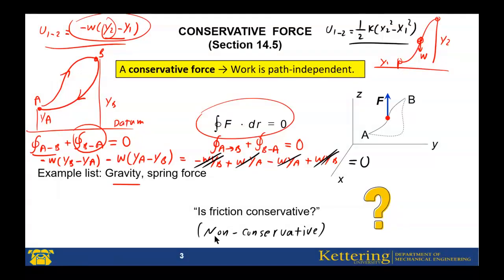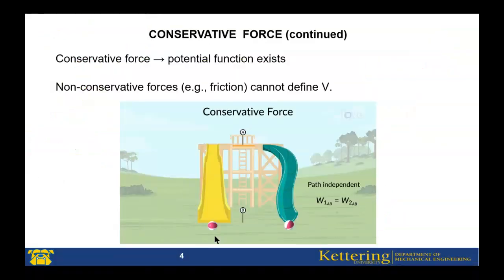Got it? Now, the reason that I just explained about the conservative force is that a conservative force causes a potential function. It means that a conservative force has a potential.